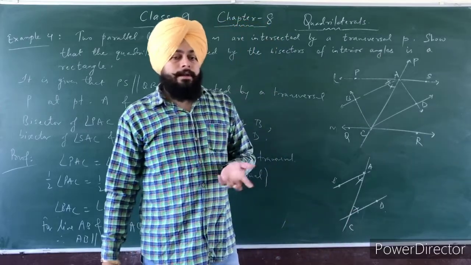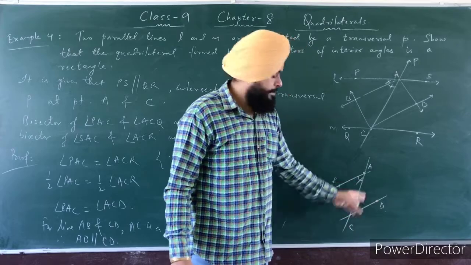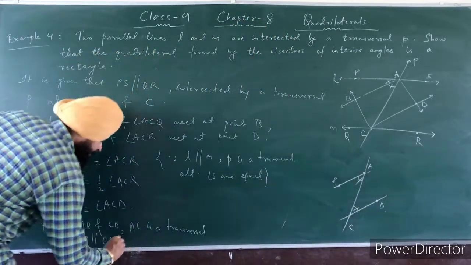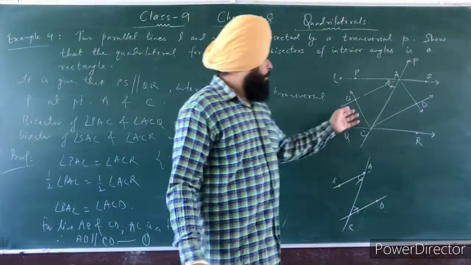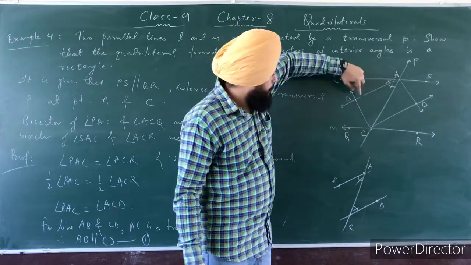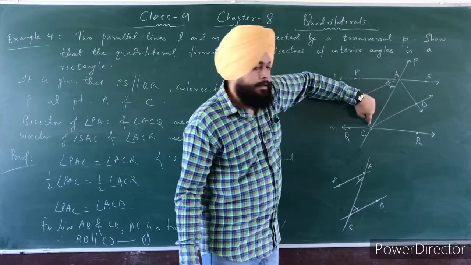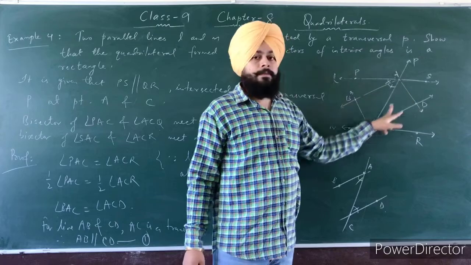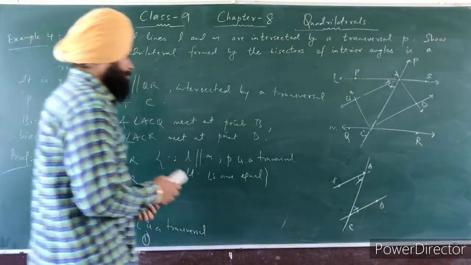If the pair of alternate angles are equal, for lines AB and CD with AC as transversal, that's why AB is parallel to CD. So you can just write here equation number 1. Similarly, further you can again prove AD is parallel to BC, for angle BCA equal to angle CAD, these two angles. Alright, so you write here similarly.